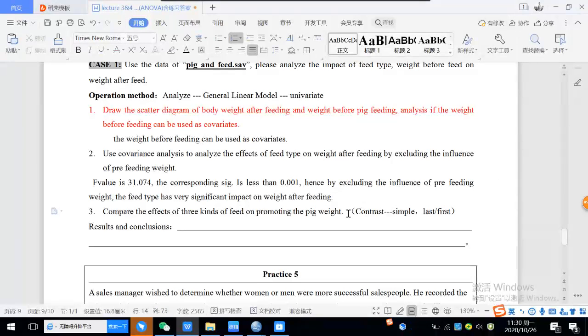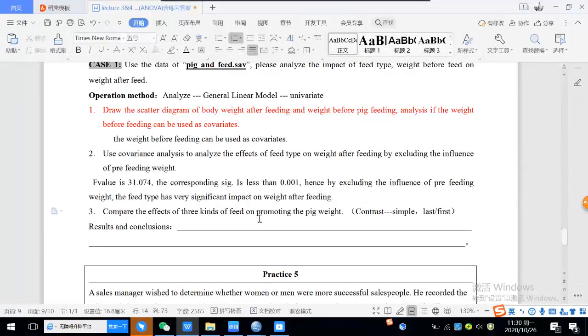Which feed is the best? Which is the worst? We want to draw a conclusion. Which is the best feed type? Which is the worst feed type that we will not use? Which one will we prefer to use? So we will compare.